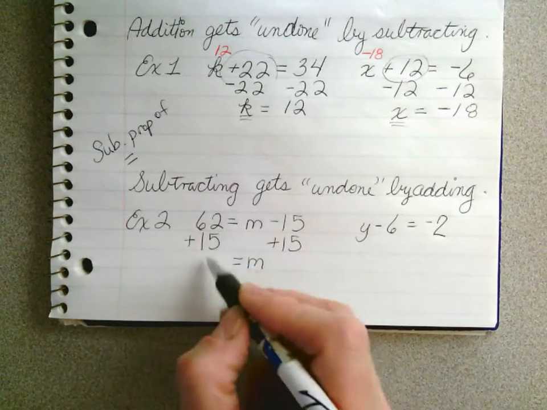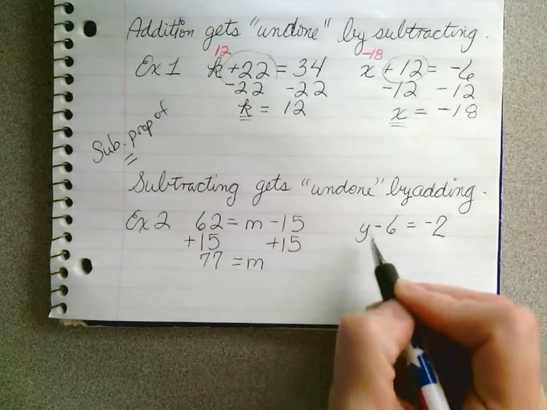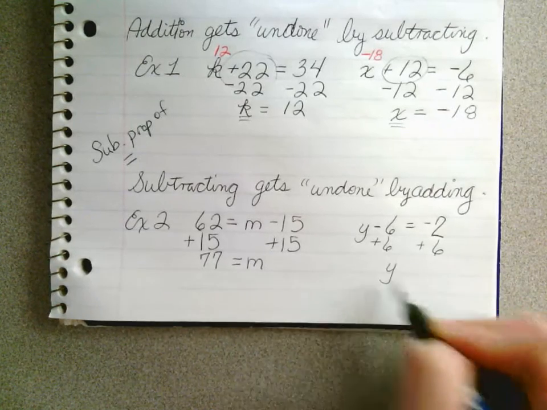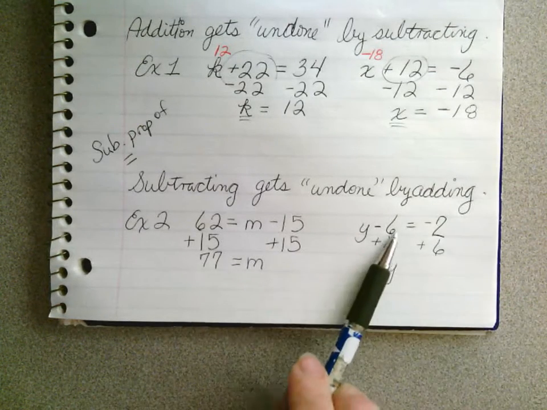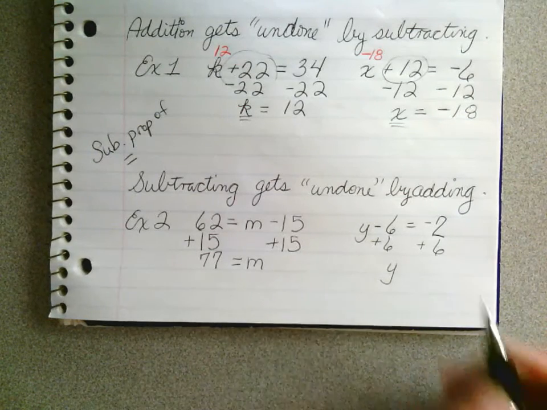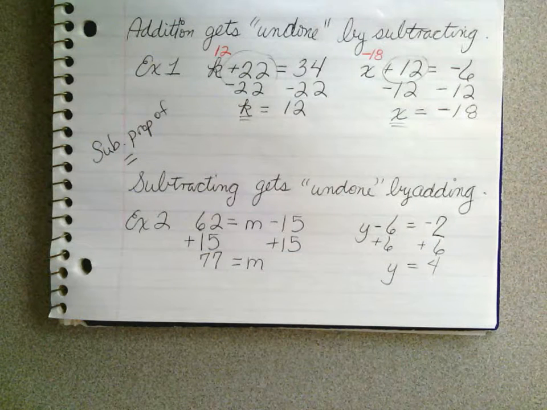I mean, Jiminy Cricket. How about 77, Mrs. Meyer? See, I subtracted it. 77. Here's that standard setup. If we add 6 to both sides, y is all that's left, because a negative 6 and a positive 6 is 0. y equals positive 4. Good, good, good.